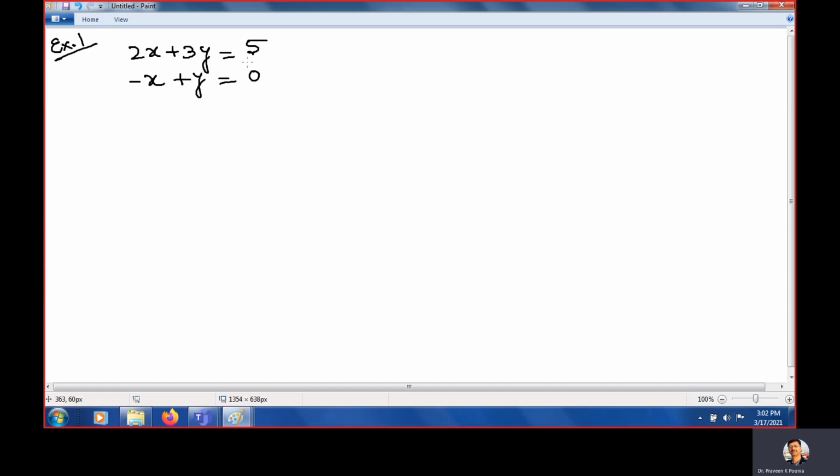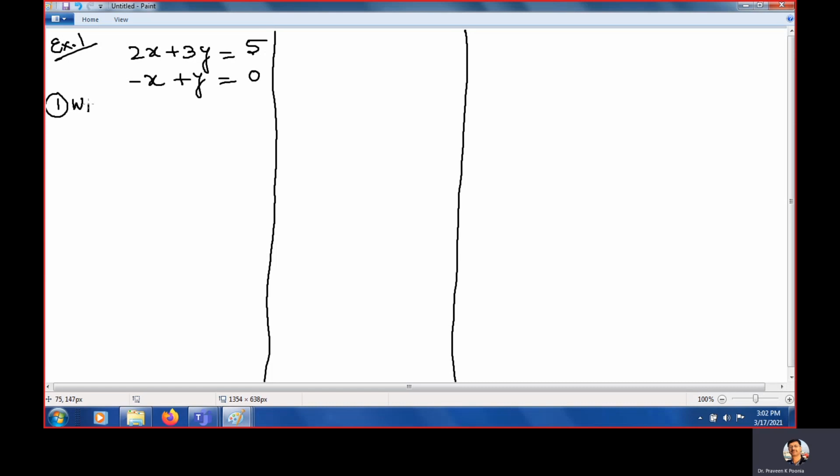Then what is the value of x and y? This is the method. This is the question. So we will divide this question into three parts: part number 1, part number 2, and part number 3. In part 1, write in matrix form.